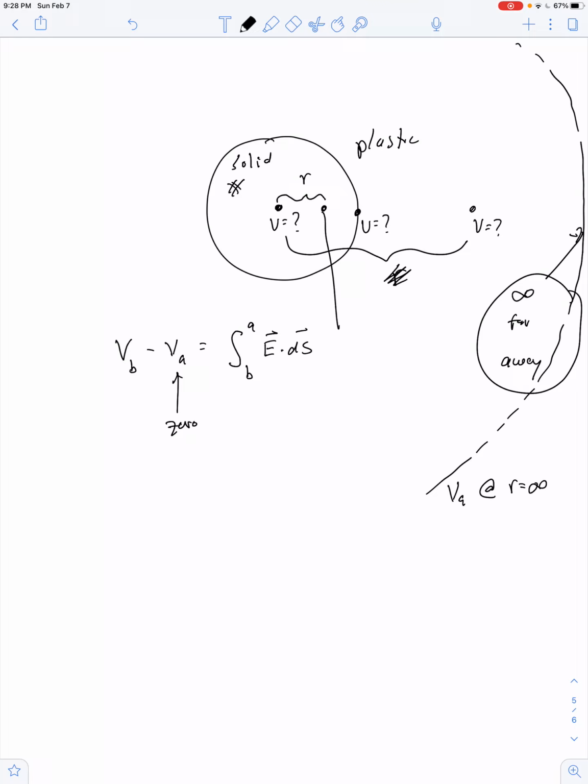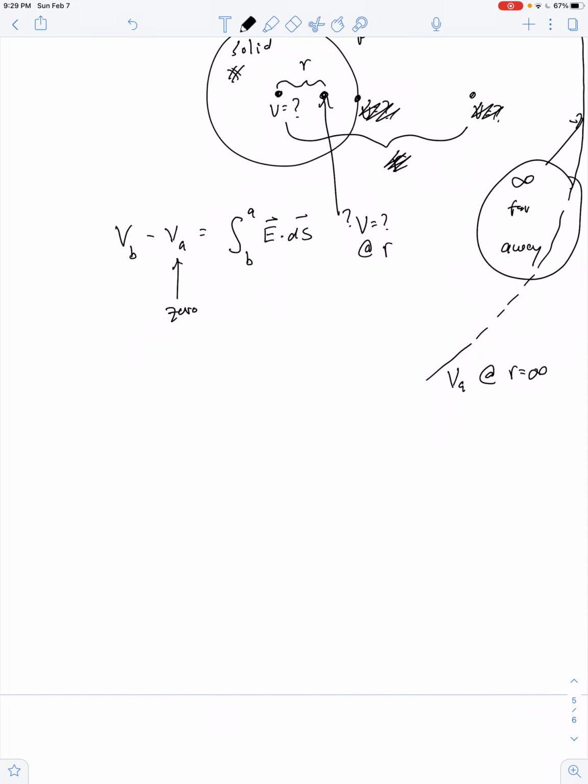And I want to know what's the electric potential. Let's try to figure it out at this point. Okay, so forget all these other ones. Well, then that's at V equals question mark at r.